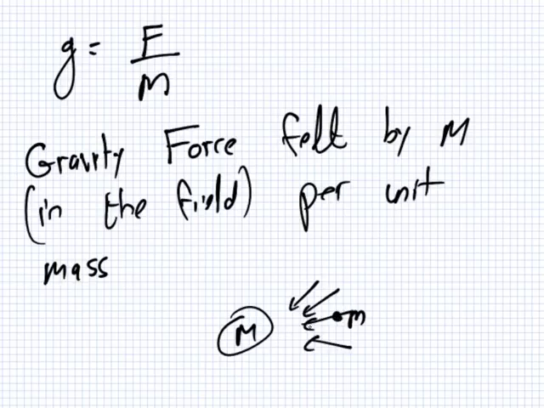So the field strength is the force it feels divided by its mass. Something like this, whatever you have in your definition. The gravitational force experienced by a small mass while in the field per unit mass.